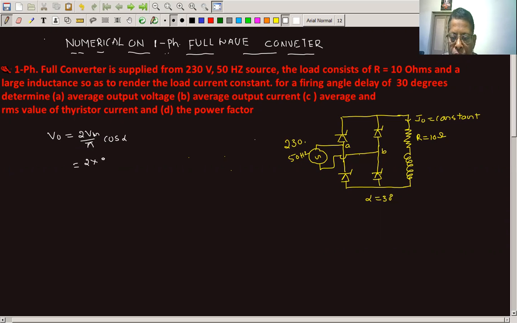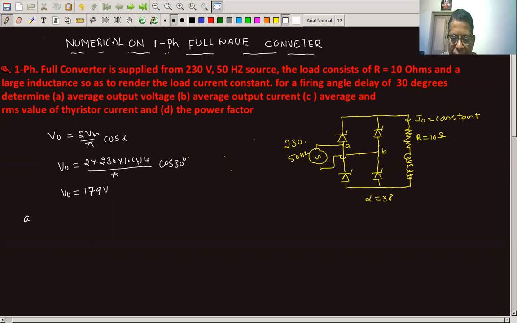So 2 into 230 into 1.414 divided by pi, and cos alpha is cos 30 degrees. So the average output voltage V naught we are getting as 179 volts. This is the average output voltage.